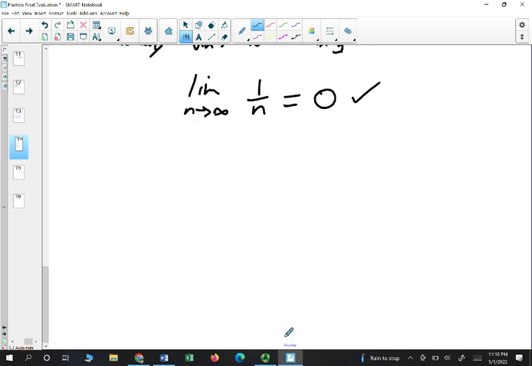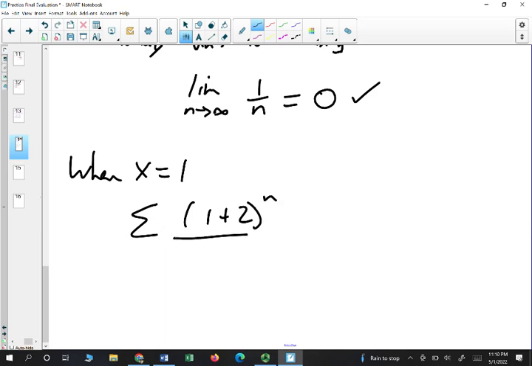Okay, let's test the other endpoint. When x equals 1, we have summation of (1 plus 2) to the n over n times 3 to the n. So that gives us summation of 3 to the n over n times 3 to the n.